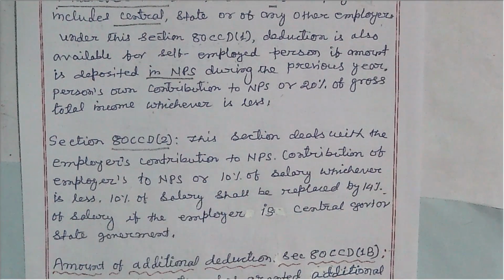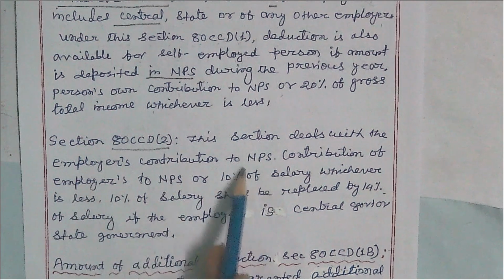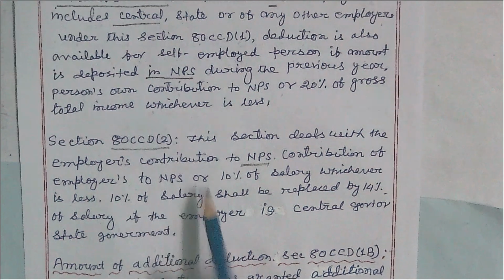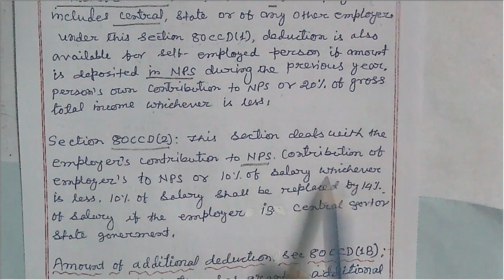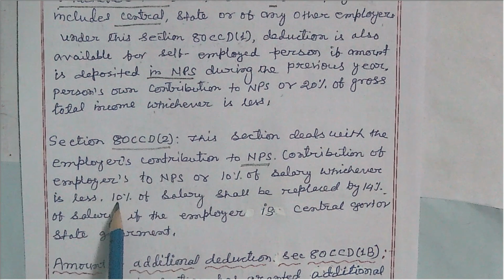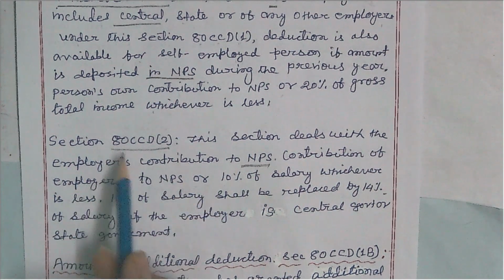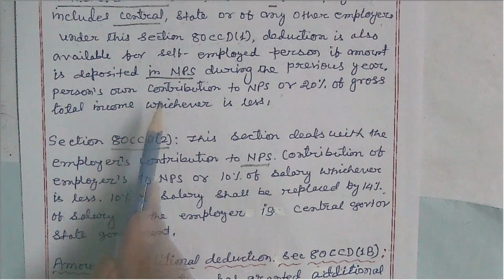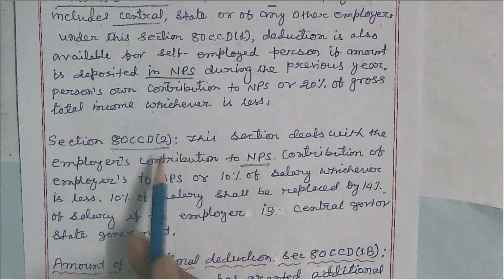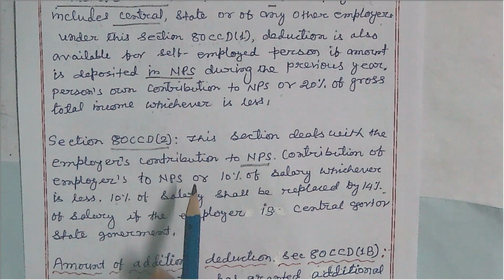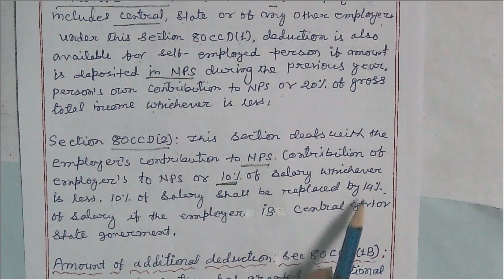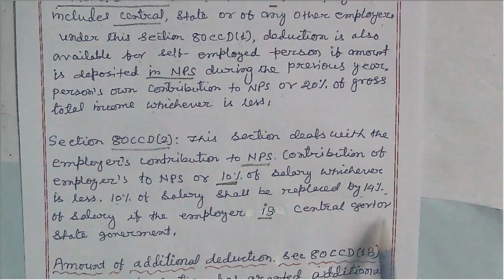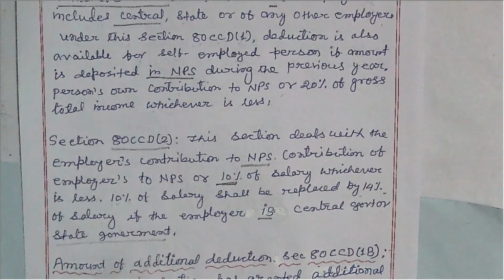This section deals with the employer's contribution to NPS, or 10% of salary, whichever is less. This contribution amount is excluded in the above section, so this is a separate deduction available. 10% of salary shall be replaced by 14% of salary if the employer is the central government or state government.